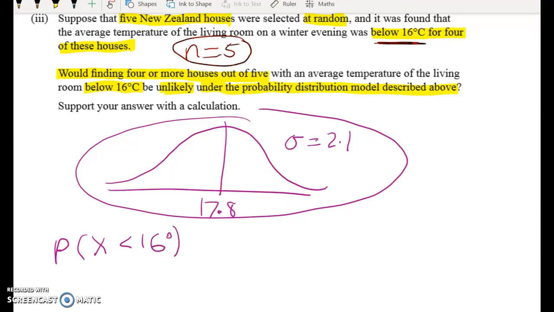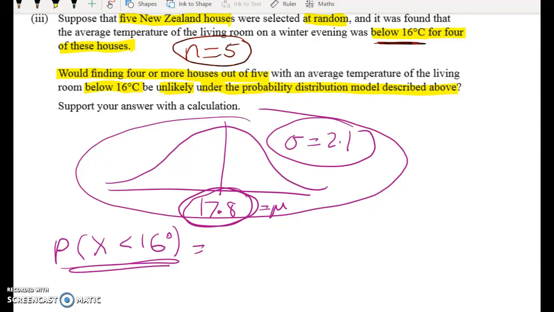And then what are the chances that out of 5 houses, 4 or more have this? The first step is to go to your calculator and find the probability that x is below 16. Using this mu and this sigma, you get 0.1957. This is the probability that we use in our binomial problem.